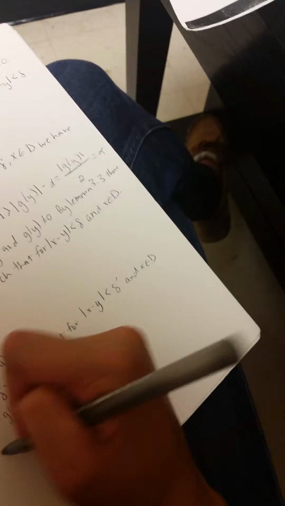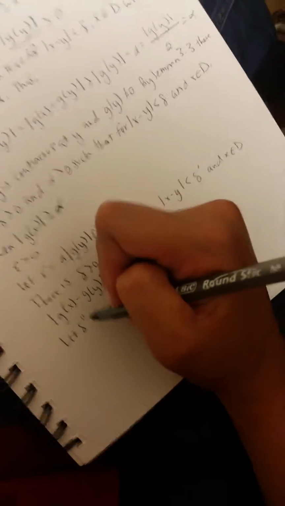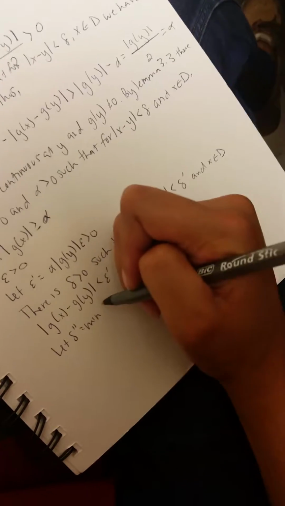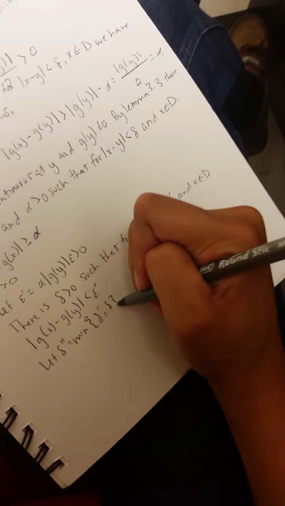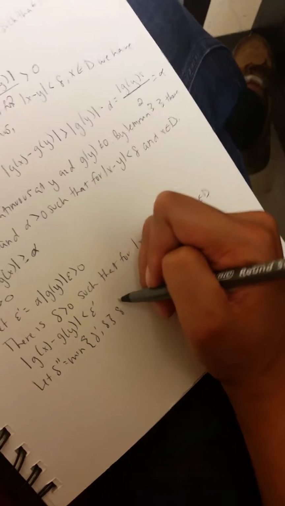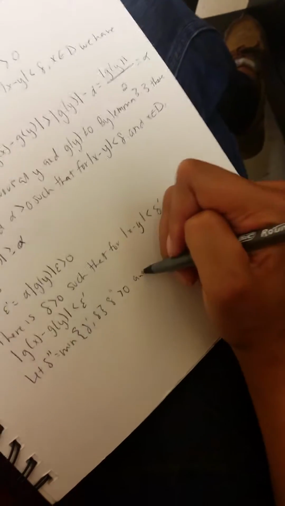Now, let delta double prime equal the minimum of delta prime and delta, where delta double prime is greater than 0.